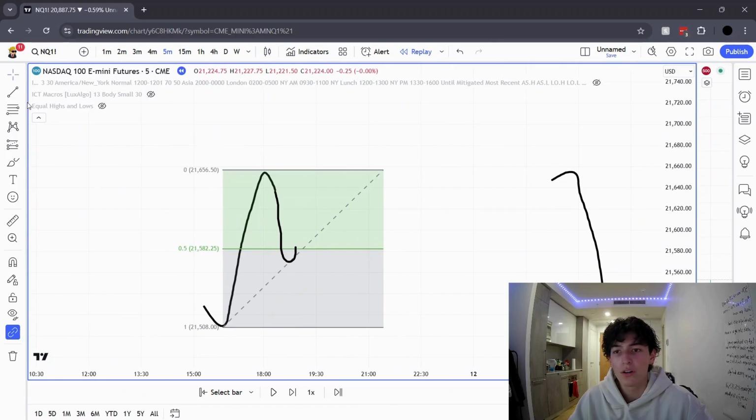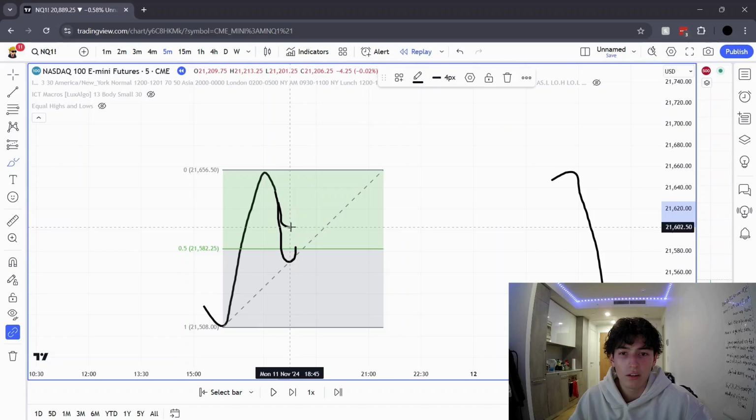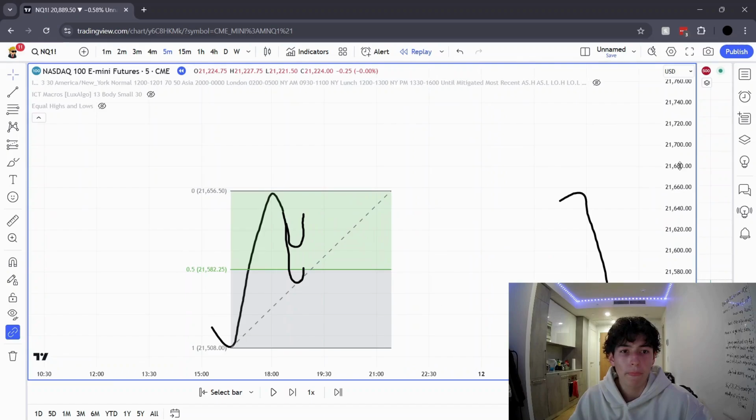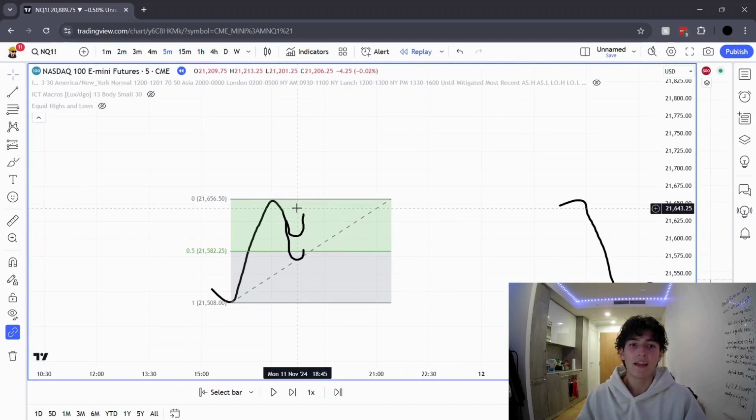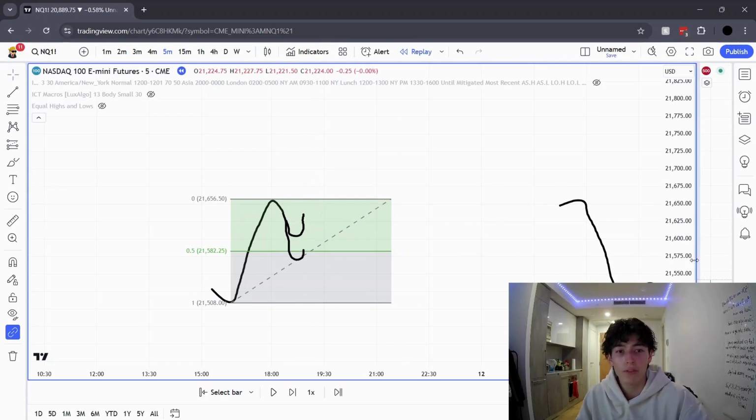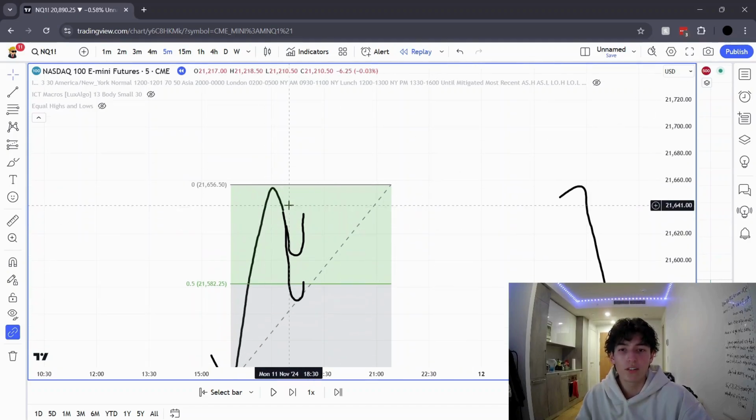There could be some times where I see my setup play out here, right? I see an inverse value gap, and I take it all the way up here. But what this tells me is that by taking this trade, I go into the trade knowing that it's a little bit less probability, right? Because I am high up in the range. And I do accept the fact that my risk to reward is going to be less.